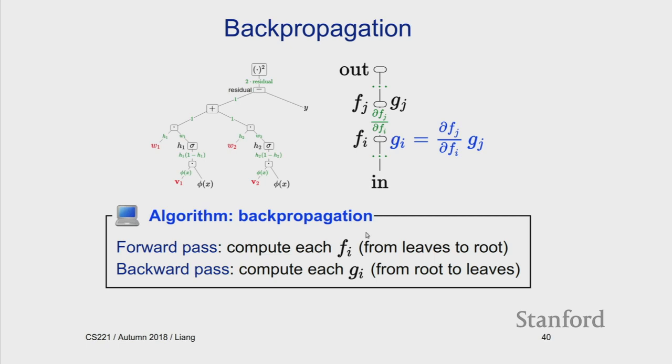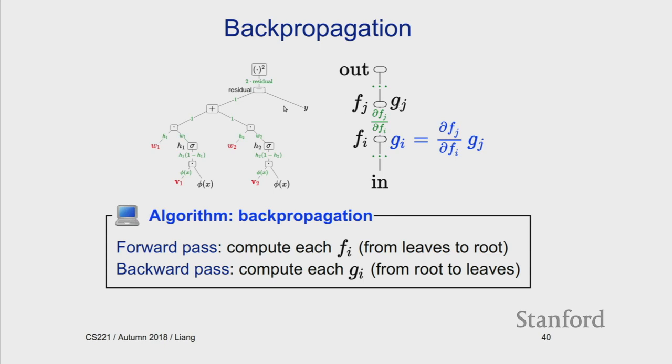And then the backward pass, you're going to compute each g i, which remember expresses the partial with respect to that node against the output. And this can be done recursively as follows. So if you have computed the g j, which is the partial of out with respect to node j, and there's an edge here, then g i is simply going to be whatever's on that edge, times whatever is at this node.